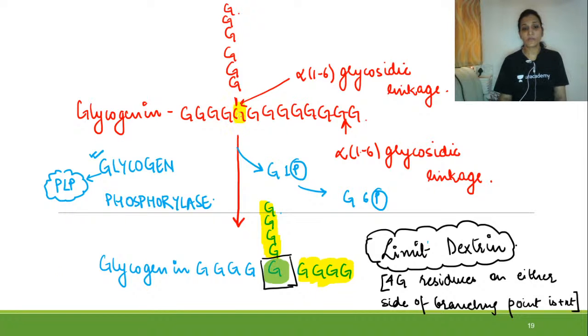Now, how it is broken down: there will be formation of limit dextrin with the help of the enzyme glycogen phosphorylase. Limit dextrin is a molecule of glycogen where no residue is present on either side of the branching point. Glycogen phosphorylase is PLP dependent.